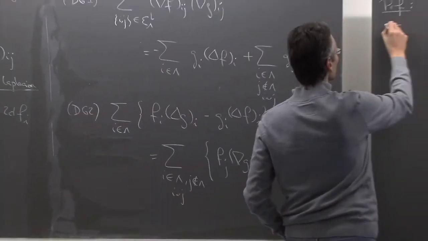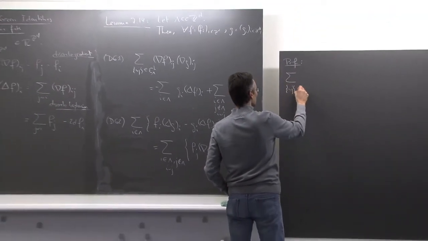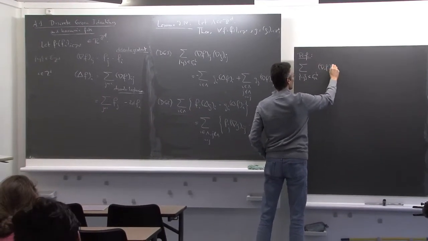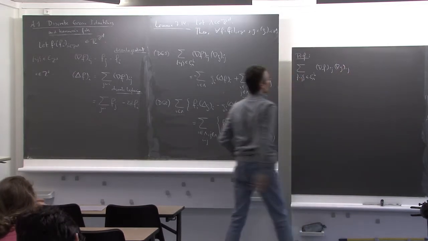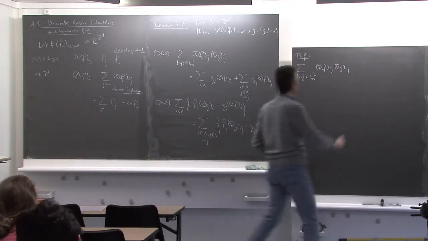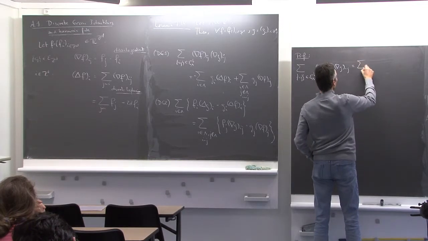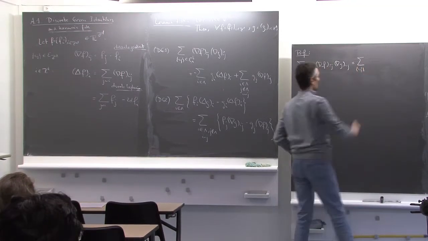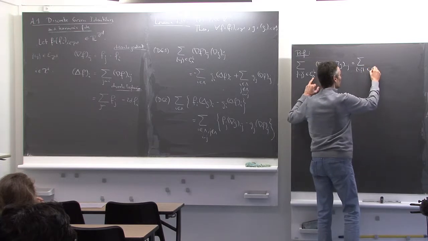So we have the sum over all ij of gradient f ij, gradient g ij. And it is convenient to decompose it into two terms. The first one will be the sum over all edges ij which stay inside the box lambda, so they belong to E lambda.